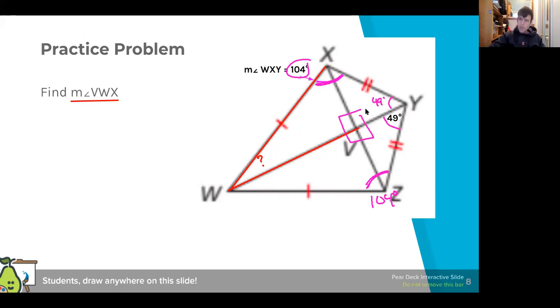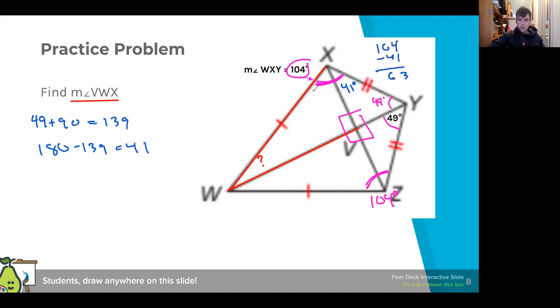So I have 49 and 90 and whatever this is. So 49 plus 90 is 139. 180 minus 139 is 41. Okay, so right here is 41. These two angles together make 104. So if I do 104 minus 41, that's 63.